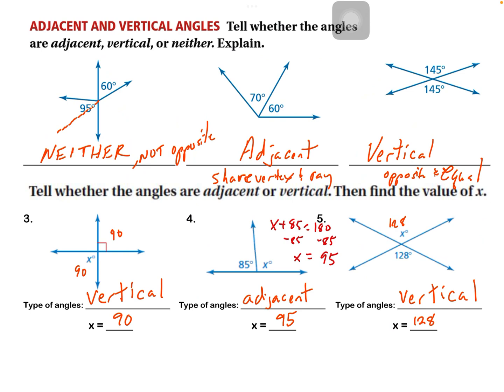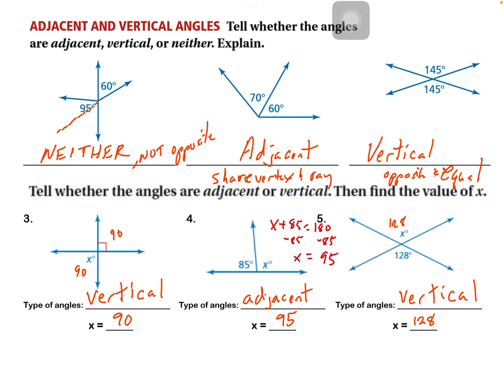And so vertical angles are always equal in measure, and they're not adjacent because they're not next door neighbors. The second one, those are adjacent because they are next door neighbors. They shared a vertex and they shared a side or ray. And then the last one, 145 degrees and 145 degrees are vertical because they're opposite and they're equal.